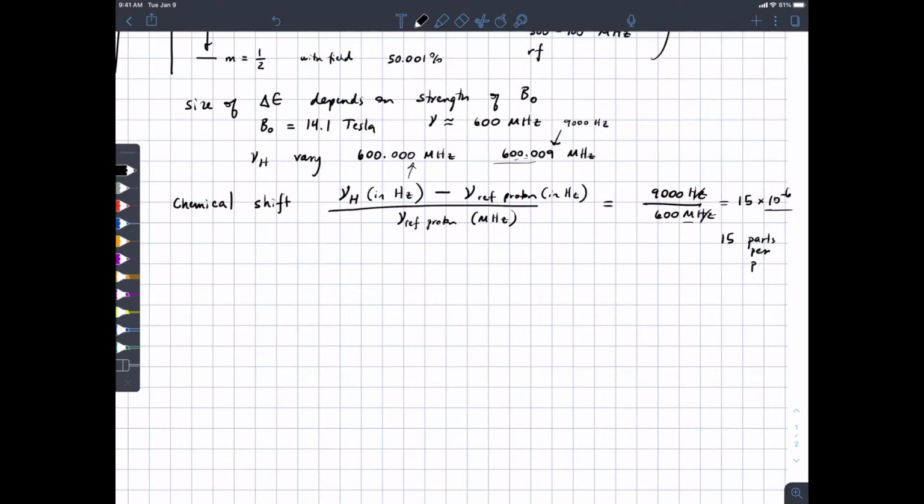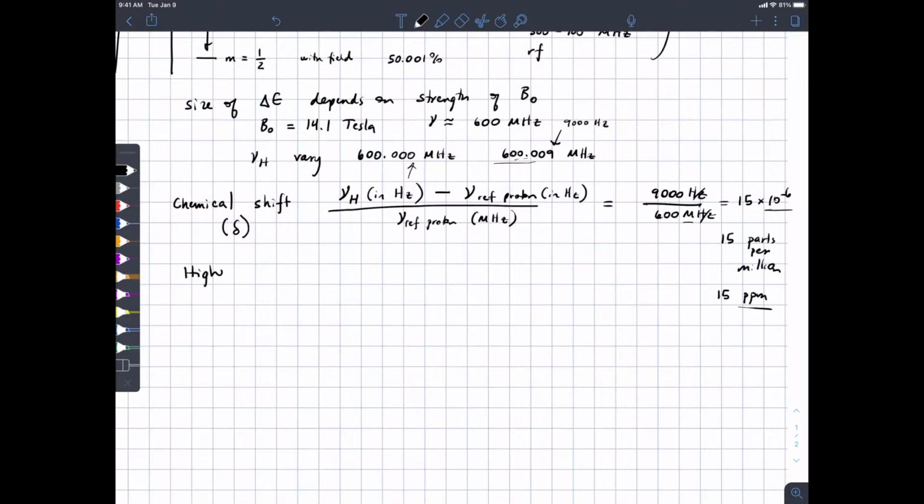All right, now that we've talked about that, you can promptly forget all of that math and just understand that chemical shift, which will be given the symbol delta, is measured in parts per million, and that chemical shift varies linearly with frequency.